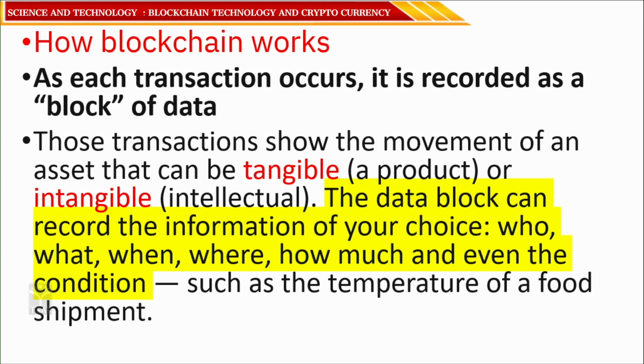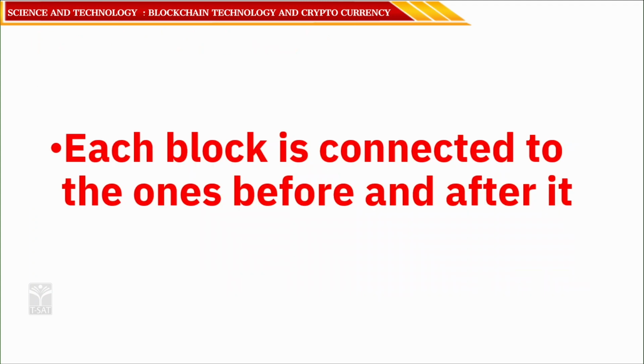So how does blockchain work? As each transaction occurs, it is recorded as a block of data. The data block can record the information of your choice: who, what, when, where, how much, and even the condition can be recorded with the help of the blockchain software. That is the main advantage of blockchain technology. Each block is connected to the one before and after.